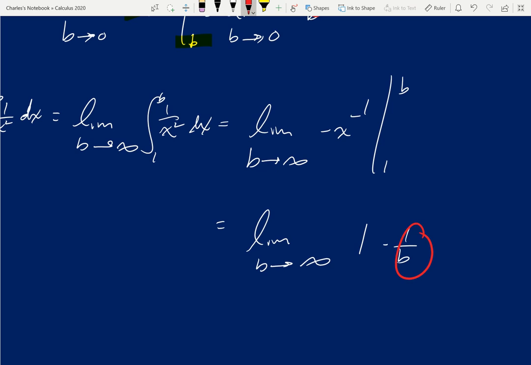And this part goes to 0, so this equals 1.